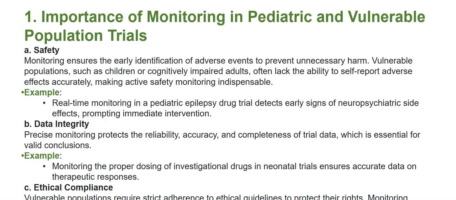As we said, obtaining consent from minors or children is called assent. It's not called consent anymore. Consent is for adults, but from children, it is assent. So the assent process is periodically reviewed to ensure compliance.